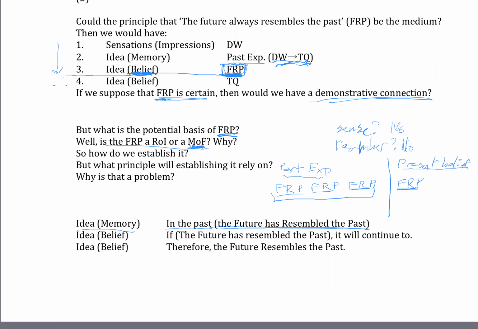Well, what if I had a further belief that connected up the two?